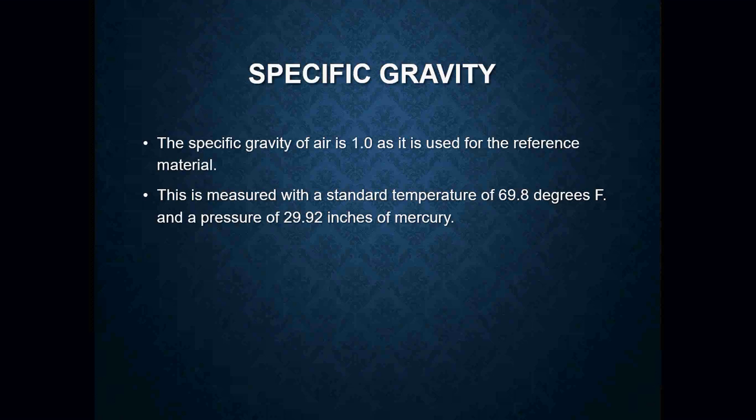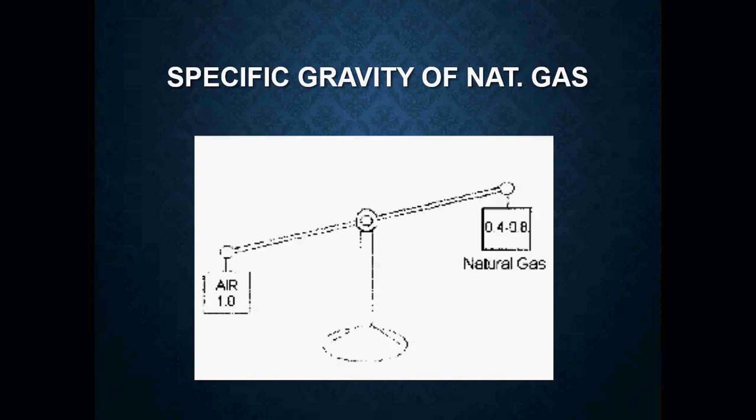A lot of our specific gravity when it comes to our gases is going to be measured at a standard temperature of 69.8 degrees, but we can simply round that up to 70 degrees. Okay? Our gases are measured at 70 degrees and at an atmospheric pressure of 29.92 inches of mercury. Those are the standards that we use when we are dealing with the chemical composition and specific gravity of gas.